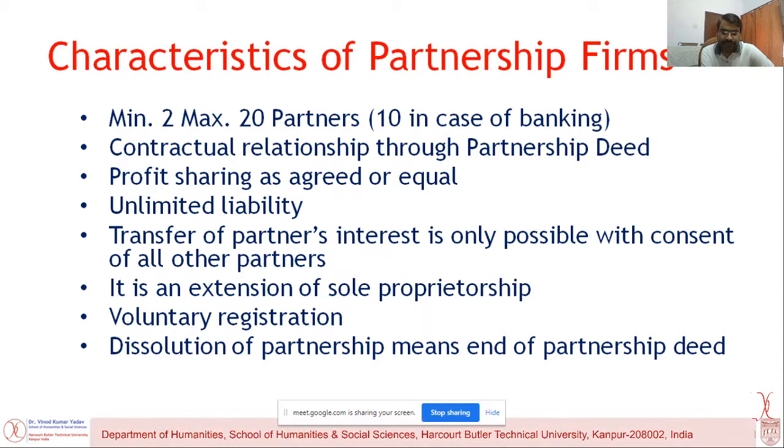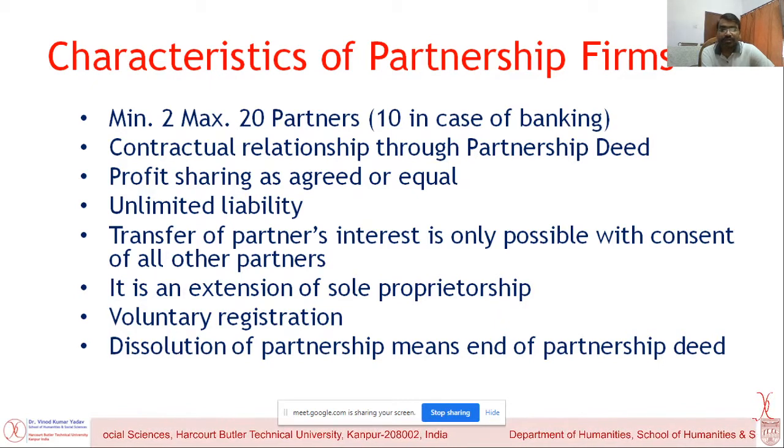For example, if a partner wants to replace himself with his next generation son in the partnership deed, it is possible only when all partners give consent for the next one to become a partner. So that is an important characteristic.